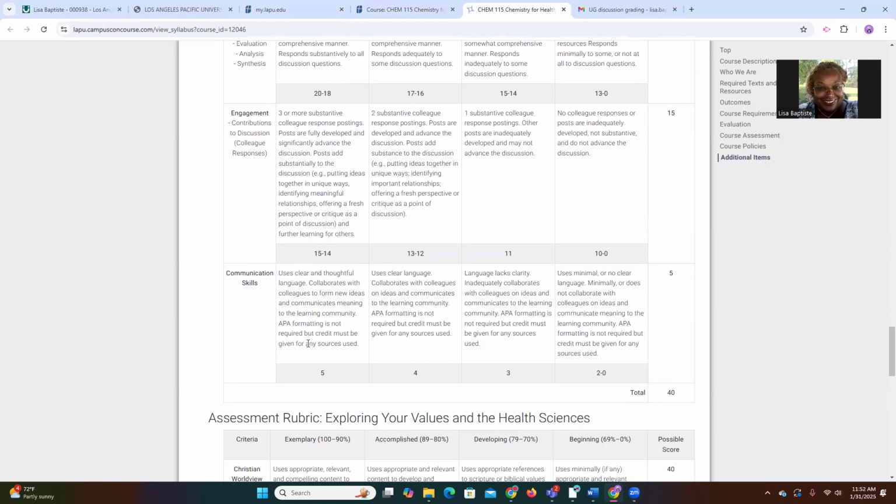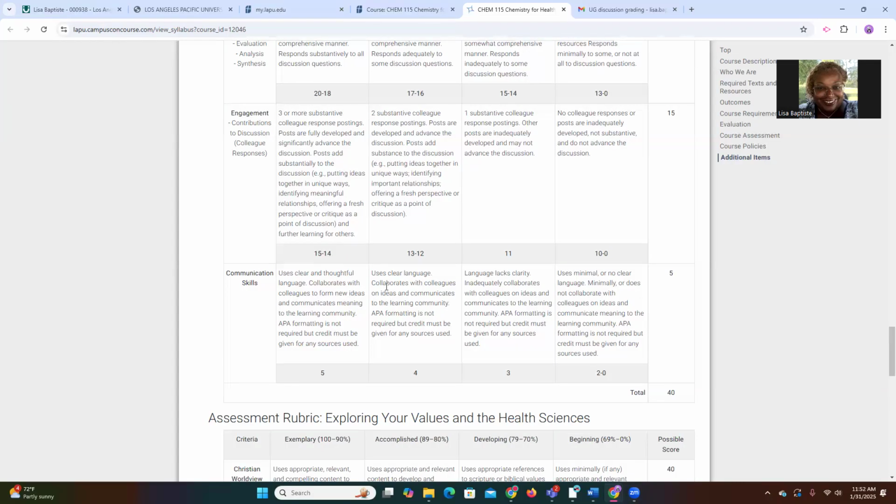APA formatting is not required, but credit must be given for any sources used. As long as your communication and posts are clear and thoughtful, you collaborate well with your colleagues, and you have good, new ideas, and you give credit for your sources, you get the full credit for this.